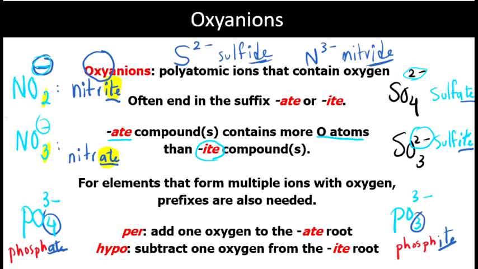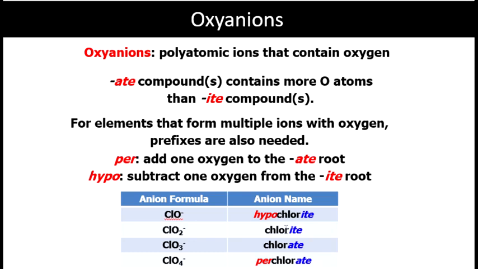And if we have more than 2, look here, for nitrogen I have NO2, NO3. Sometimes we have 4. So the maximum number of oxygen means per, the minimum number of oxygen means hypo. What does that mean? Look at this example. For Cl we have 4 types. ClO 1 negative, ClO2 1 negative, and so on.